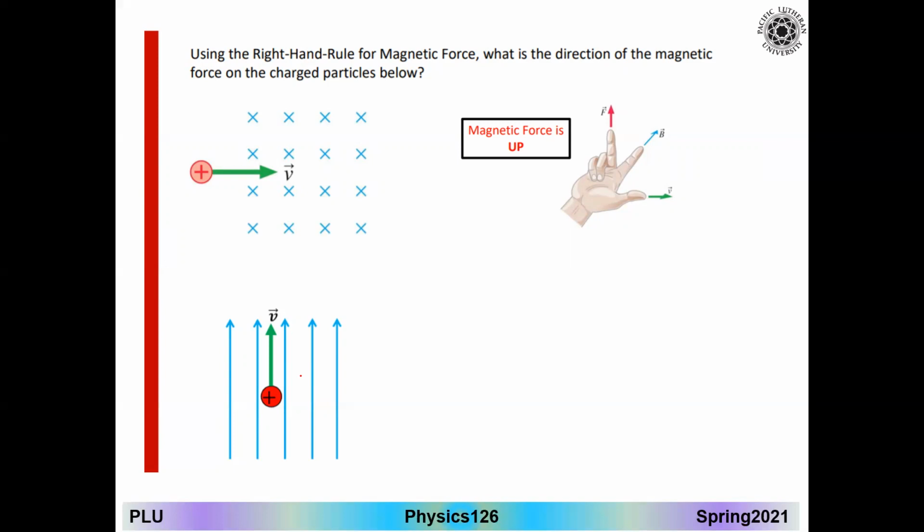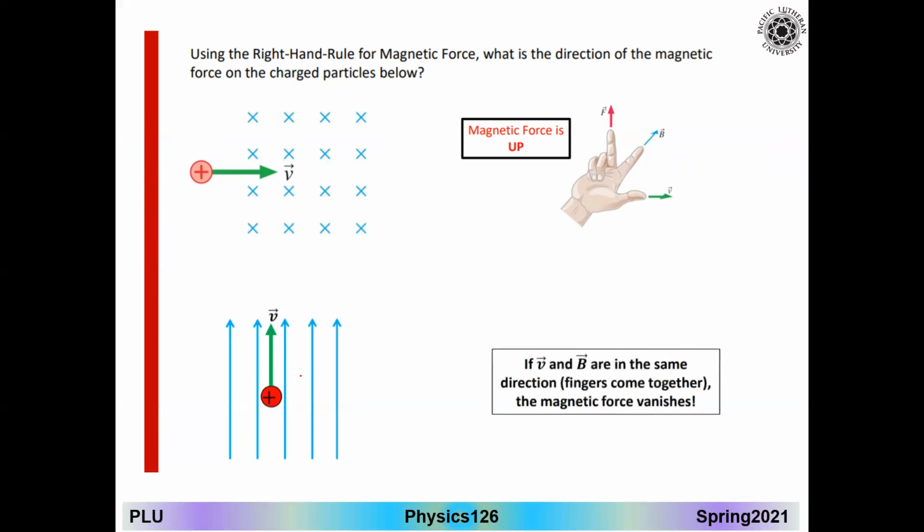But we have something to make this situation easy. The rule is, if my velocity v and my magnetic field are in the same direction, then the magnetic force is zero. There is no magnetic force if velocity and magnetic field point in the same direction.